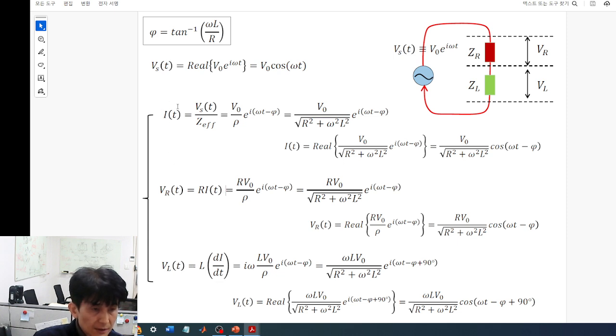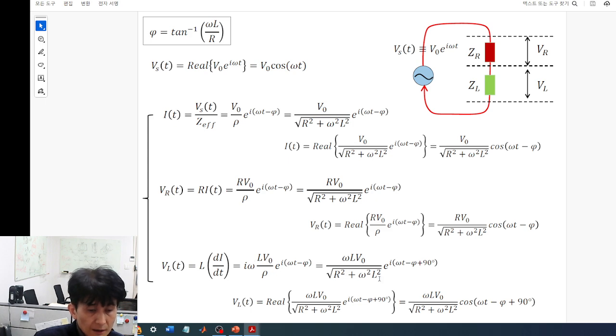So as we already calculated I, we can take a derivative of this one. Then if we take a derivative with respect to time, an i omega term appears in the amplitude part. So we have i omega here and the same expression, I(t), and L is put over this at this point.